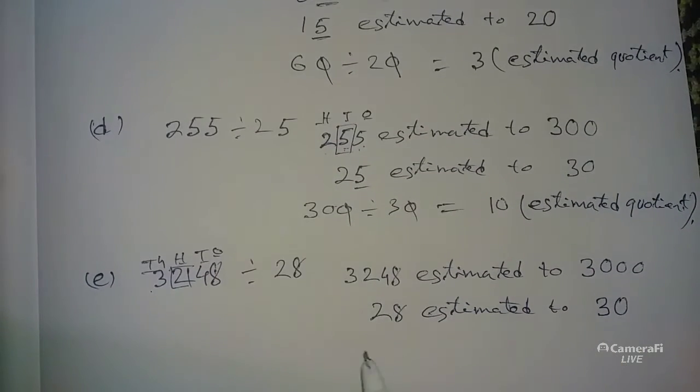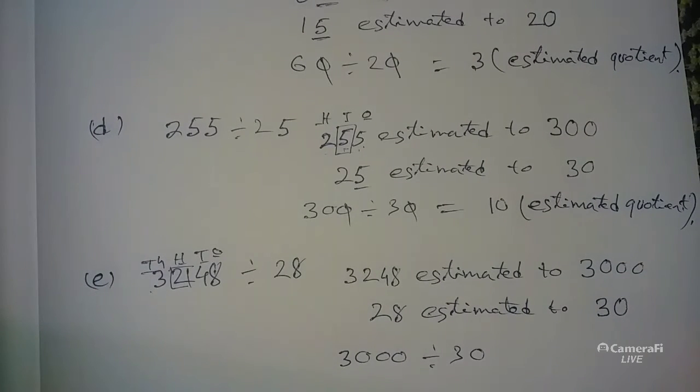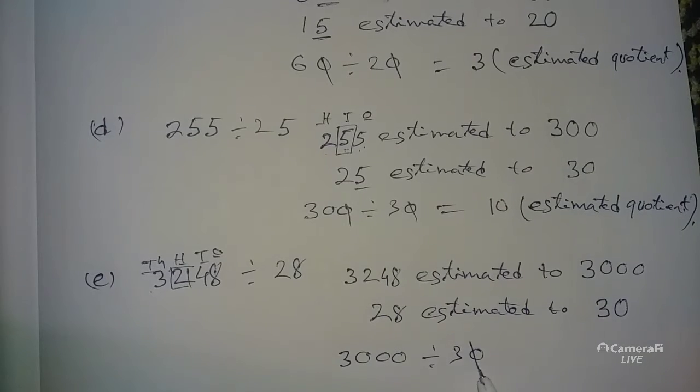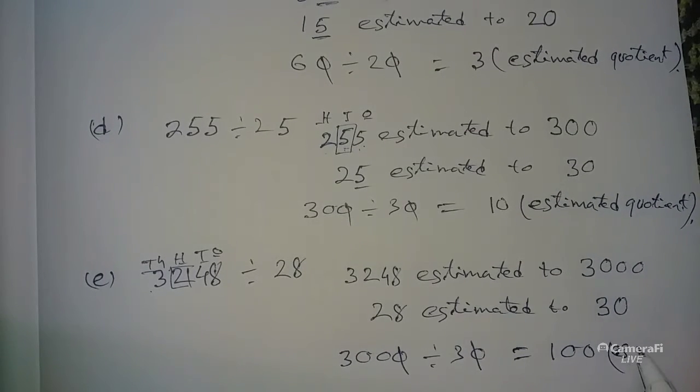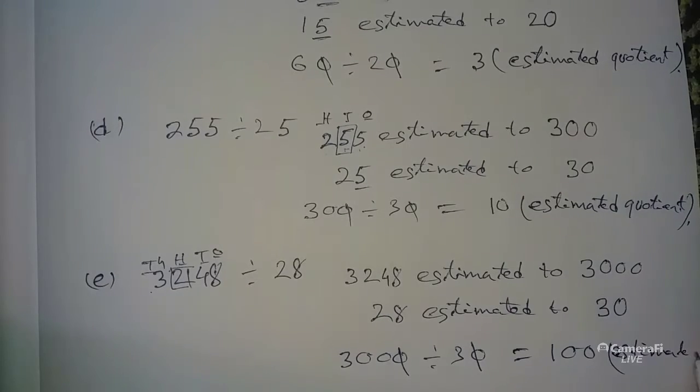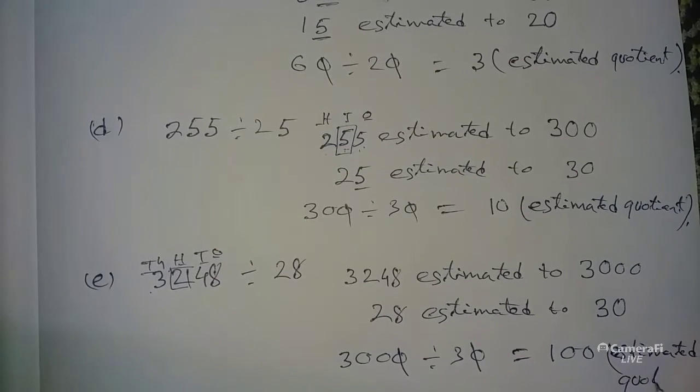So now the problem becomes 3000 divided by 30. Cut down these zeros. So 300 by 3, it becomes 100. This is the estimated quotient.